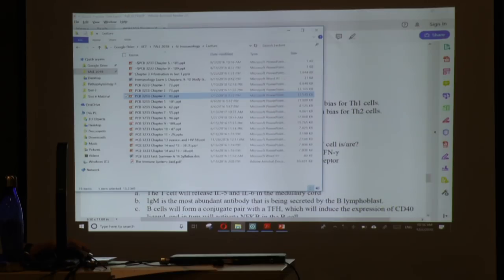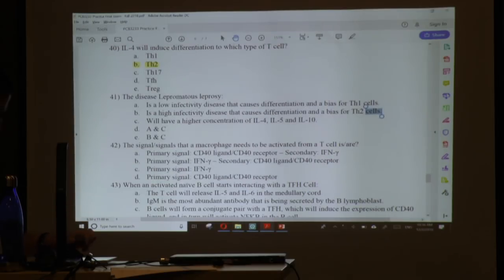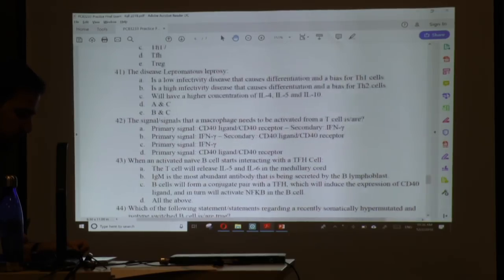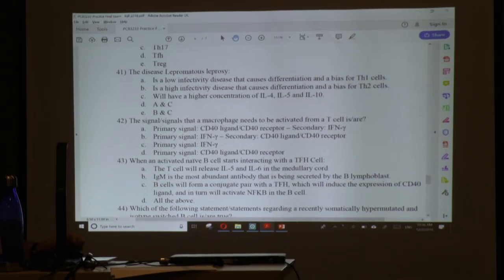I want to say 8. I think it's 8, yeah. Cool. So lepromatous leprosy, that's another of the diseases that you need to study, right? So lepromatous leprosy is the high infectivity one, because you had two, tuberculoid and lepromatous, right?